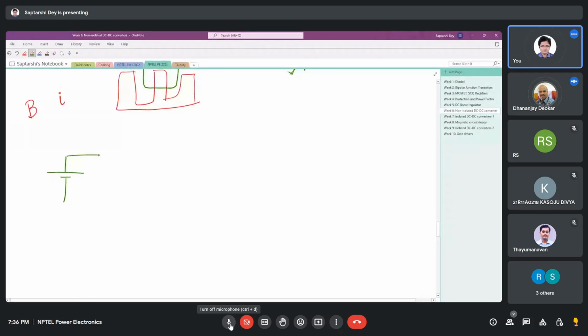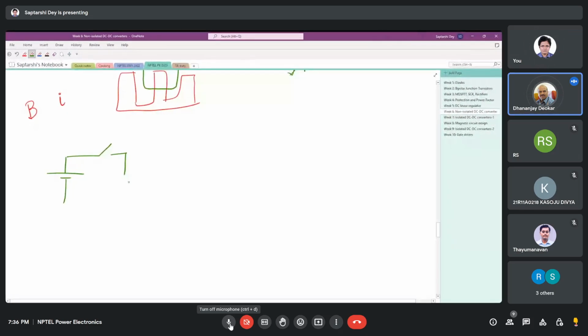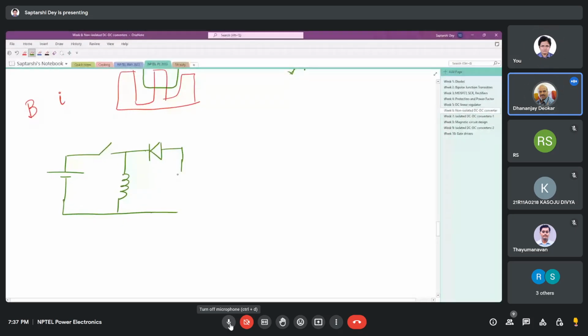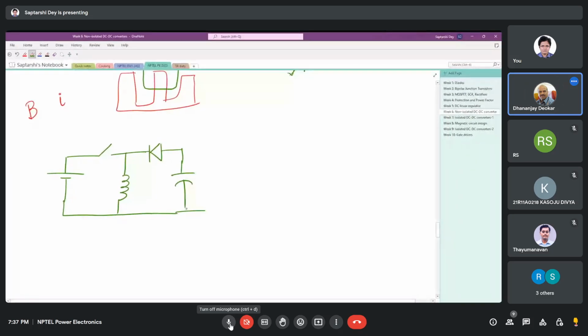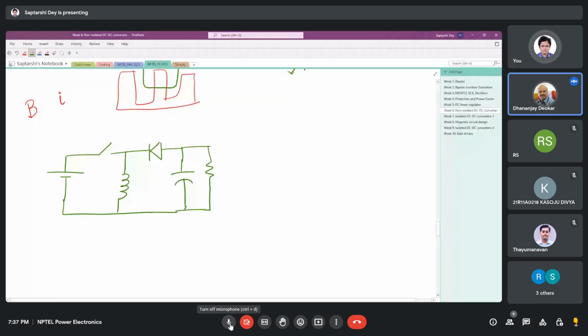like this only. So this is the inductor, buck boost, and this is the capacitor, which I have drawn opposite. I'll mark all the currents.